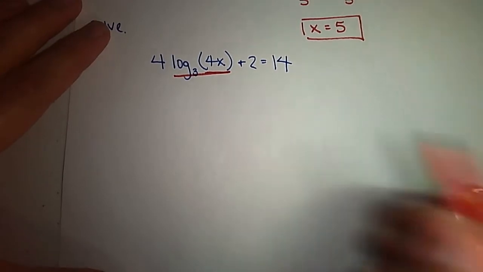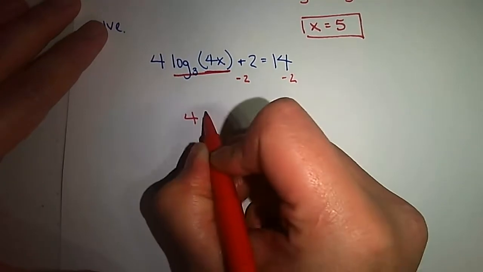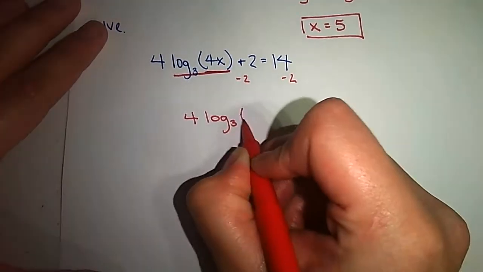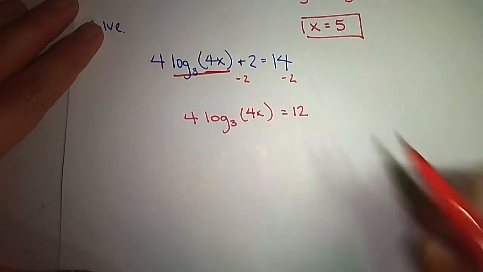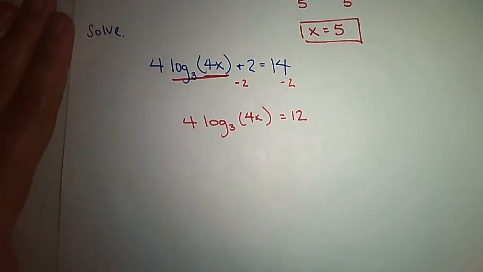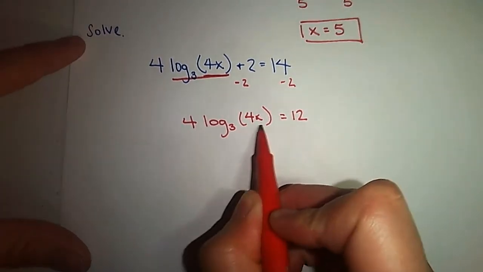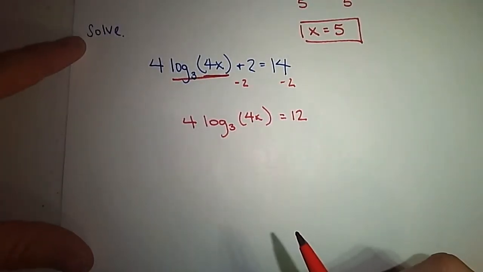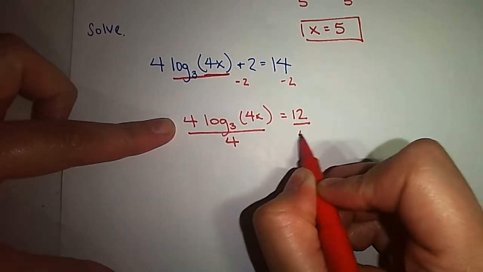So what we're going to do first is subtract 2 from both sides. Think of it like when we were solving radicals, like square roots, and we had to get the root totally by itself. Kind of the same idea. And again, my log is not totally by itself. So in order to get it totally by itself, I'm going to divide both sides by 4.